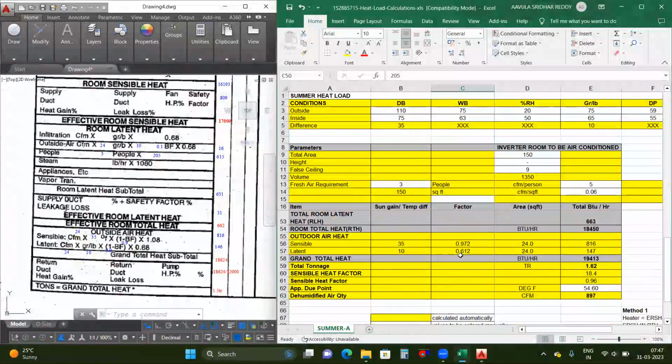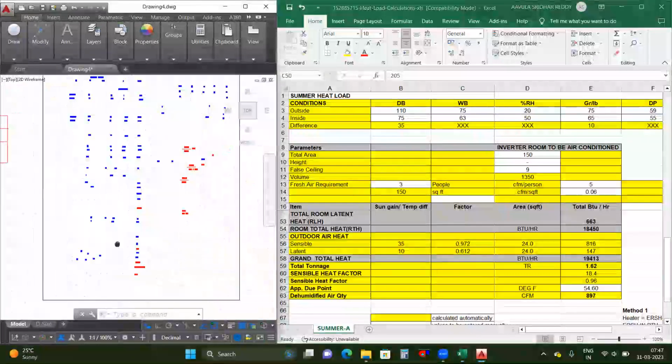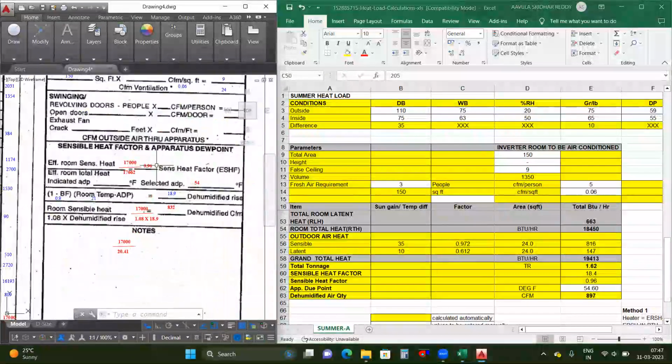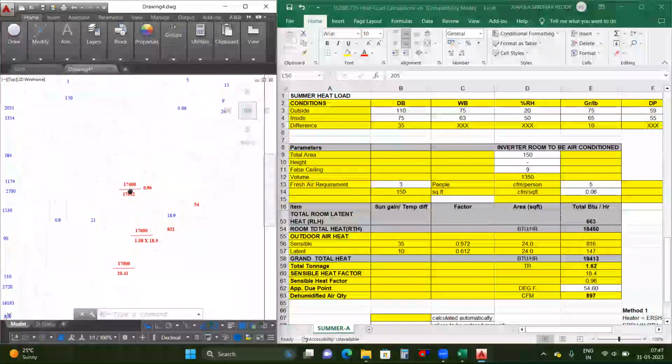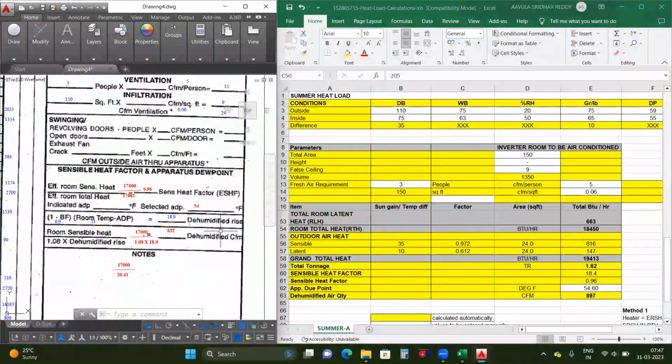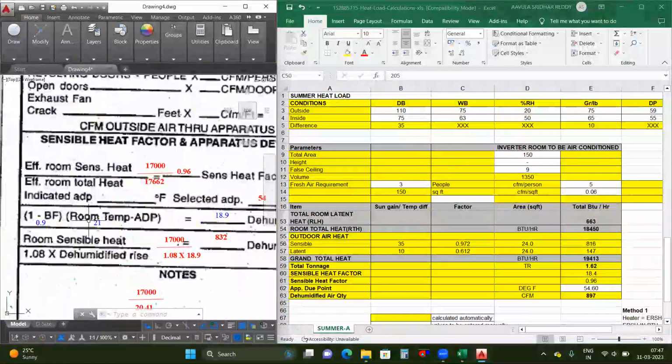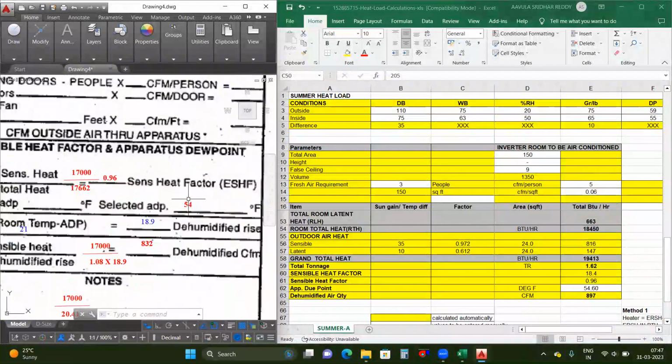Everything, the tonnage and all, will be calculated automatically. Only we need to enter the dew point temperature here. Selected ADP is 54, the same was there, 54 here.